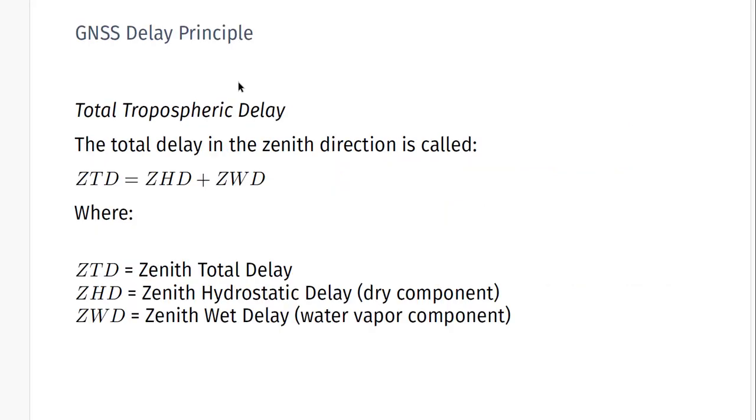And I'm going through this a little quicker because I provide some more detail, and I just wanted to let you know that there are different components of the delay that we are looking at. One is a seasonal component. We call this also the dry component, or the hydrostatic delay. That is essentially the amount of water vapor that is there going through the season.